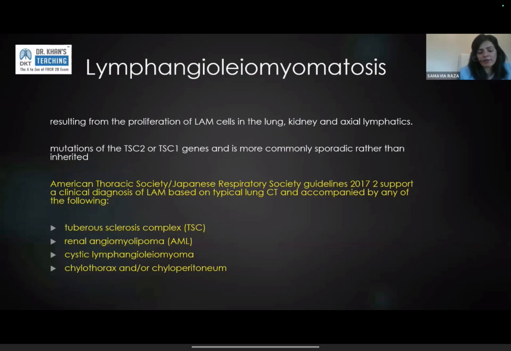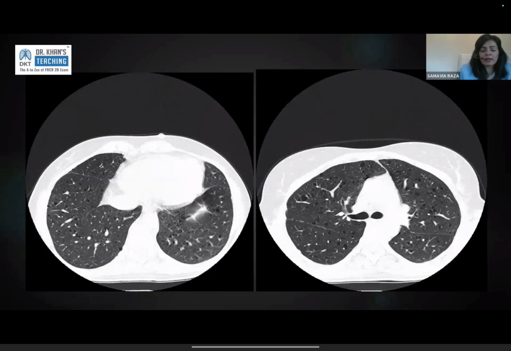They will inevitably progress if they were actually LAM, and they will end up with end stage disease when all of the lung parenchyma will get replaced with cysts, and there will be nothing to aerate the lung, and transplant will be the only thing left. Patients are usually young females and non-smokers. The abnormality is diffuse, as in there is no zonal predominance in terms of next to pleura, away from pleura, which lobe, which position.